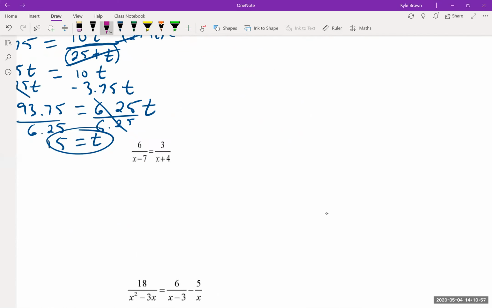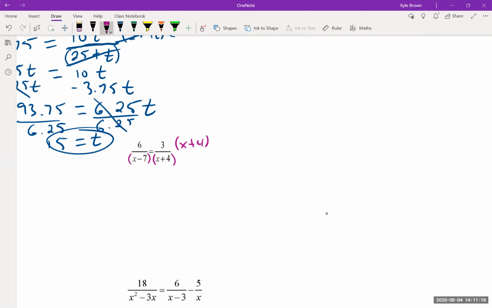All right. So again, I want to get rid of the stuff in the bottoms of these equations, right? I want to get rid of all that stuff. Okay, well, the way I can get rid of that x plus 4 is by multiplying by x plus 4, right? That would do it. I get rid of that. But I also want to get rid of this x minus 7, right?